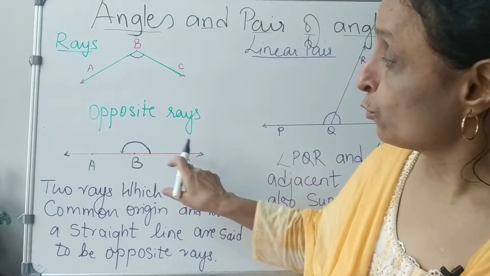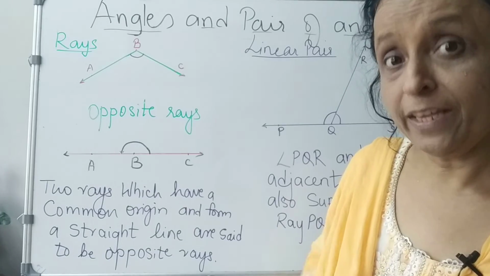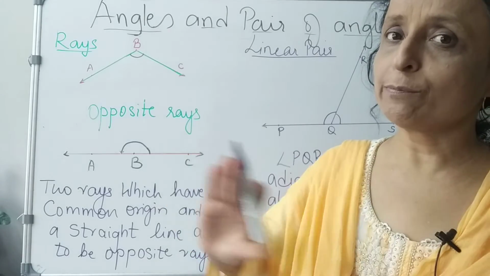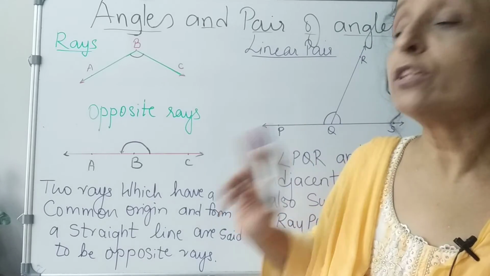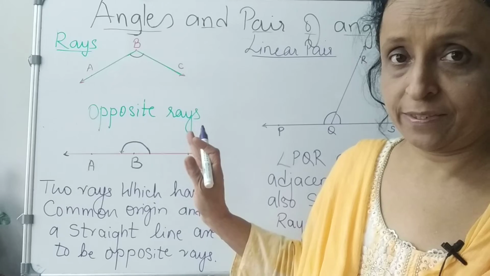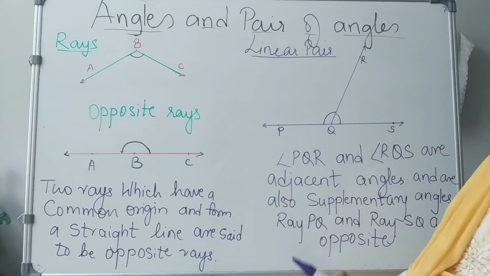So these two rays having a common point of origin B have formed a line which goes in both directions. So these two rays are known as opposite rays. This is the concept.